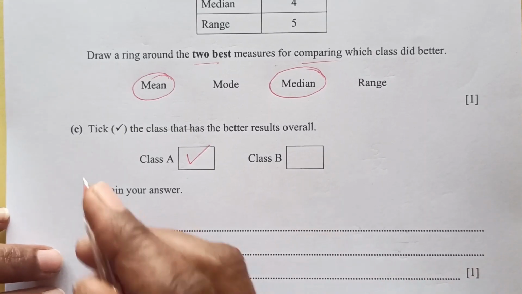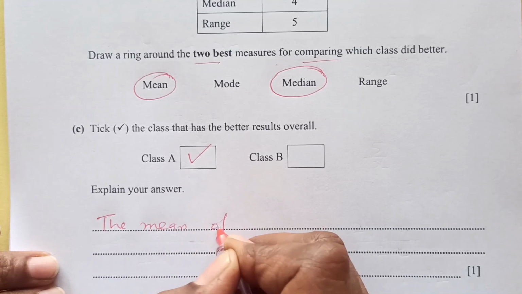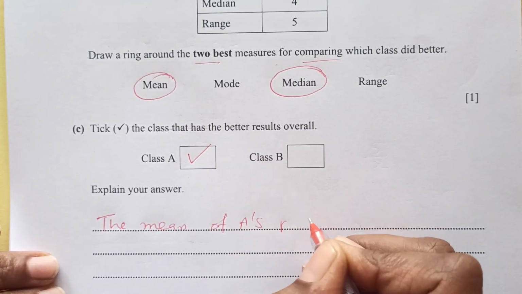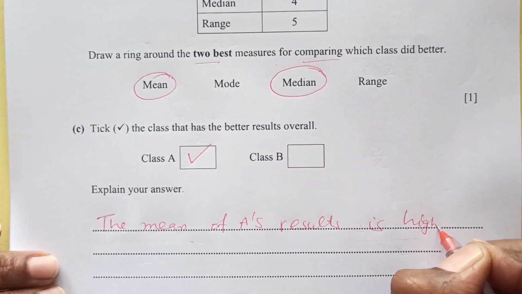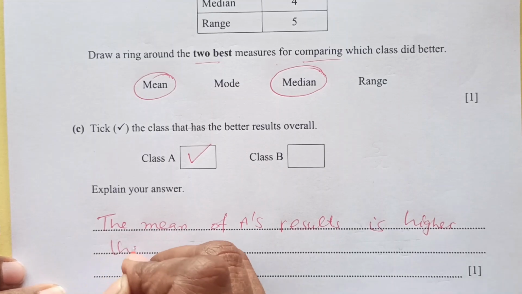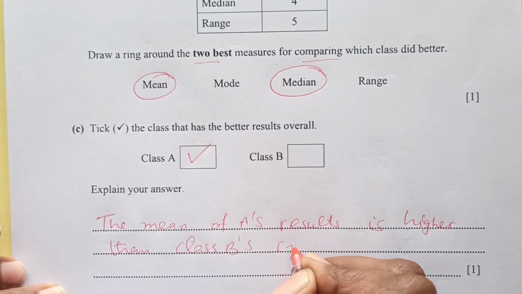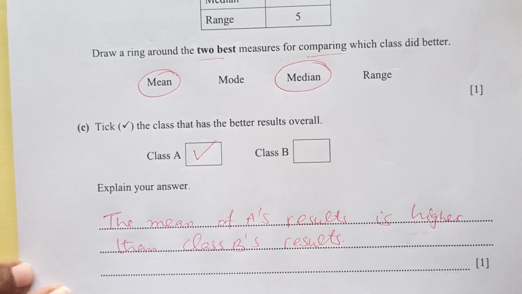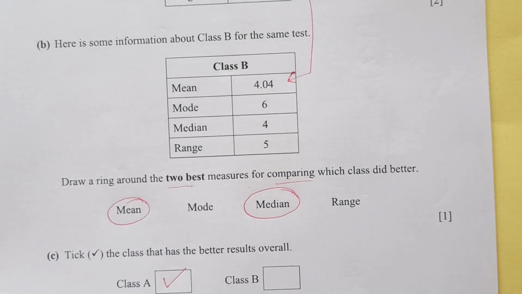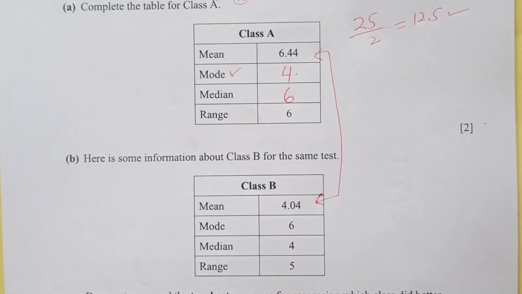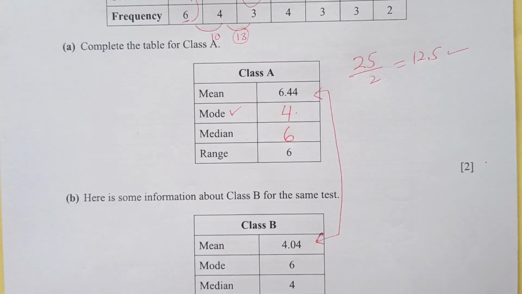Because the mean of class A's results is higher than class B's results. Okay, so you see this question is of 2, 1 and 3, 4 marks, but it's not hard, but you need to be very clear about the concept, then you will be able to perform this question well.